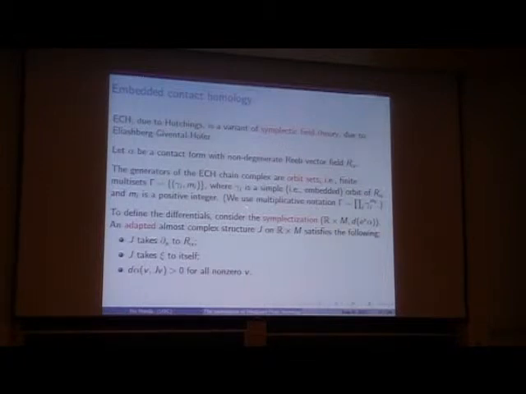Okay, and so we use multiplicative notation. We'll just write gamma to be the product of gamma_i to the m_i. And to define the differential, we consider the symplectization R cross M with symplectic form d of e^s times alpha, where s is the R direction. Maybe I should draw some figures.